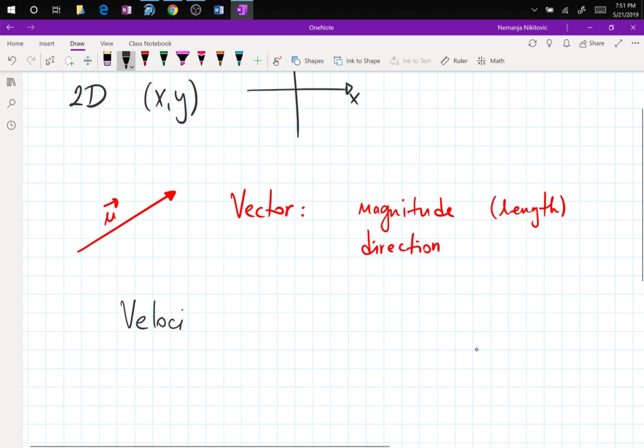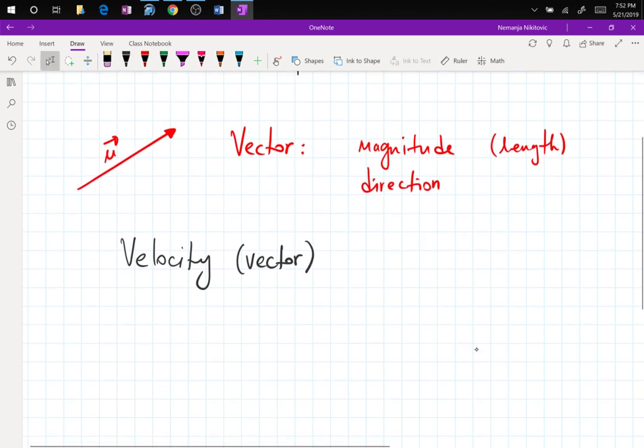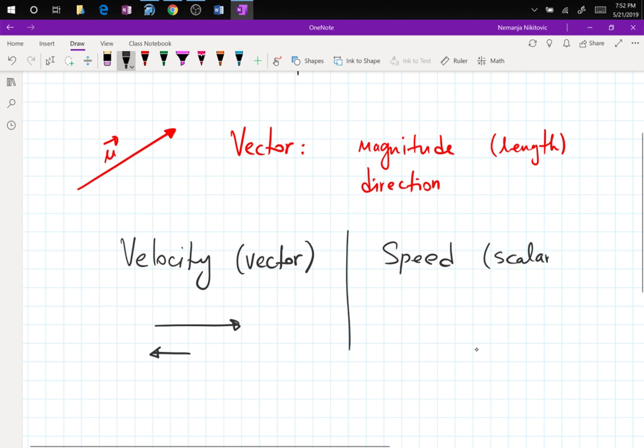Velocity is a vector, and for velocity, the direction and the size of the vector matter. Where speed is what we call a scalar, it is only a number, no direction.